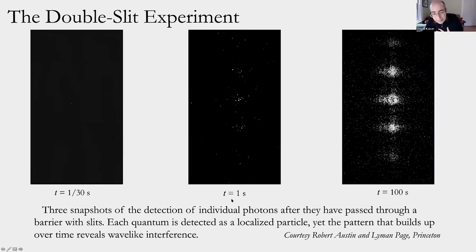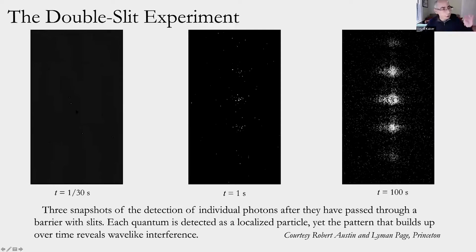After a whole second has gone by, you have an accumulating pattern. Now you have several hundred photons individually detected. Wait 100 seconds and you see very clearly this wave-like interference pattern, exactly the pattern described by that Born interpretation, even though this is built from thousands of otherwise independent, located in time and space, detections of individual quanta.